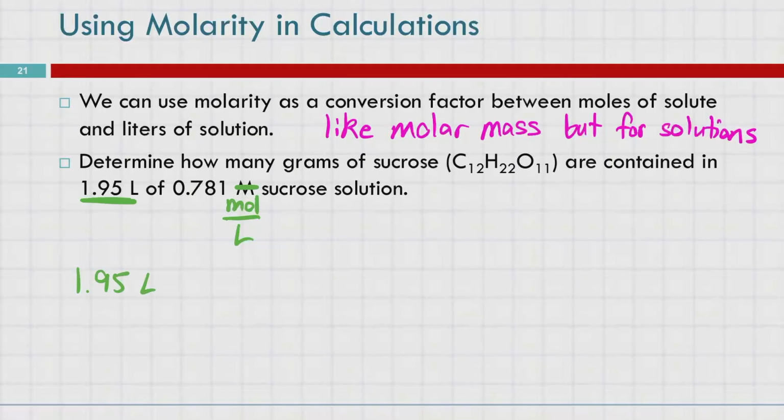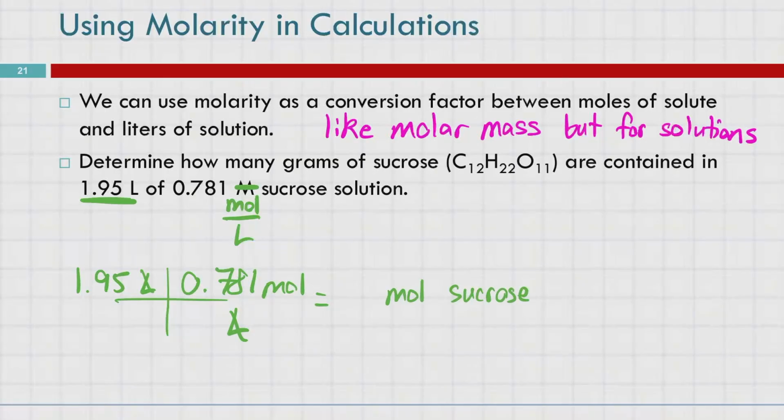So 1.95 liters times our conversion factor of molarity. The liters is on the bottom in molarity, moles over liters. So we're going to multiply. That way our liters cancel. And this will give us moles sucrose.